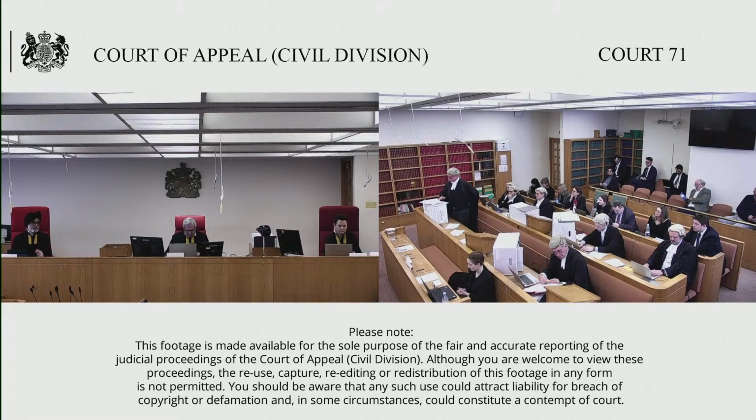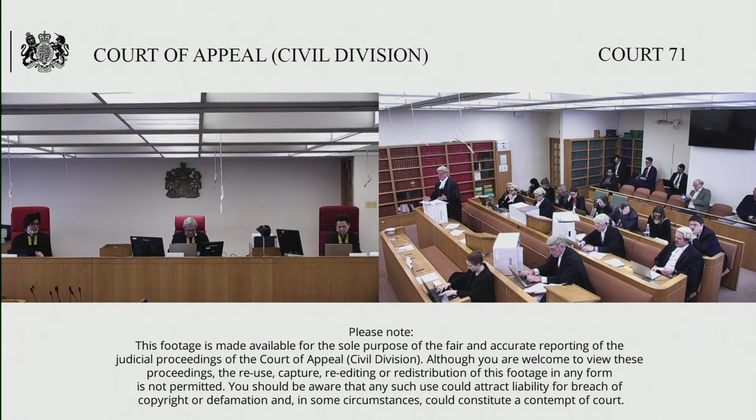I suspect it is a question of wording. Of course he refers to irrationality there, yes, and gets away from that, but or outside the range of reasonable responses. It's in essence this idea that when you're applying margin, you then have to ask, in essence, what's the effect of doing that? And the effect of doing that, as we know from all those Supreme Court authorities, is that the court doesn't just do the judgment for itself.